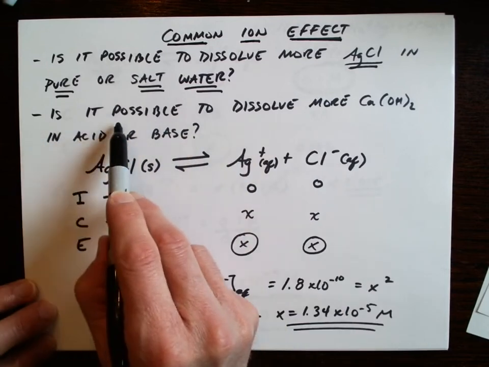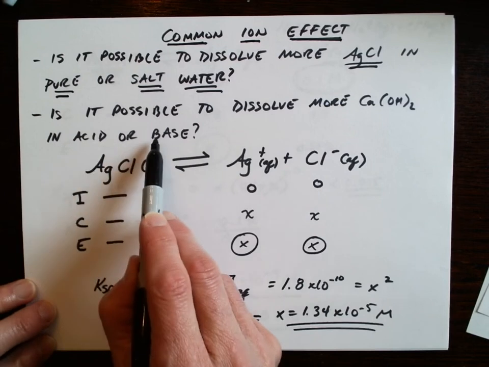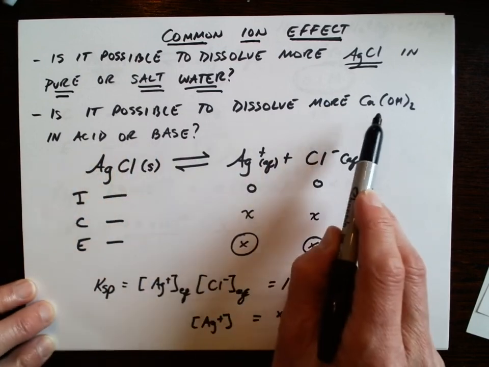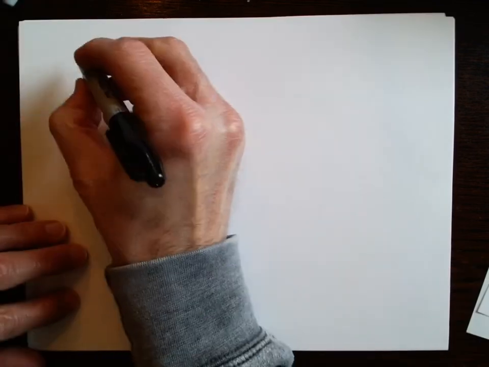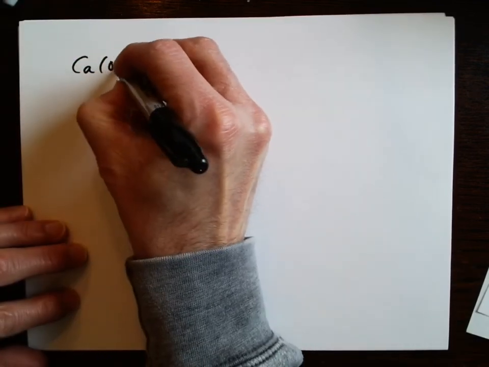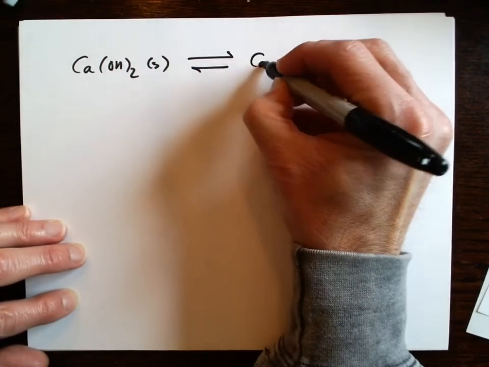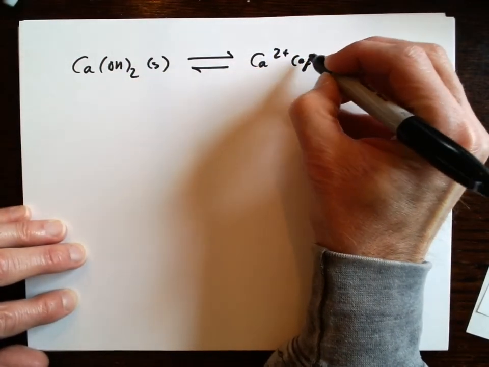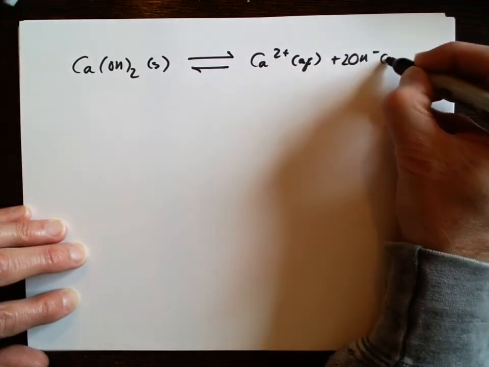Is it possible to dissolve more calcium hydroxide in an acid or base? Calcium hydroxide in acid or base. Well, let's think about this. I've got calcium hydroxide, which is an insoluble salt, but a little bit of it will dissolve in water. That's 2 of those.